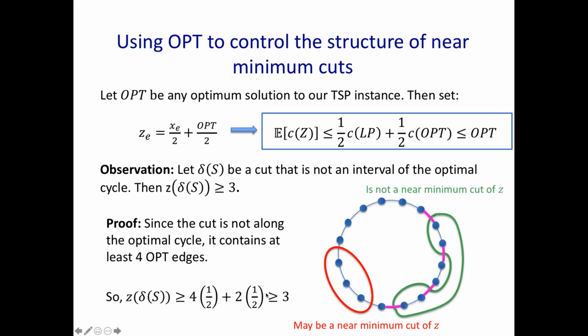And we also get half of x. So this says that any cut not along the optimal cycle has z of delta of S at least 3. So this green cut, we definitely don't have to worry about. This red cut, we may have to worry about, but actually only if it's also a near minimum cut of x.